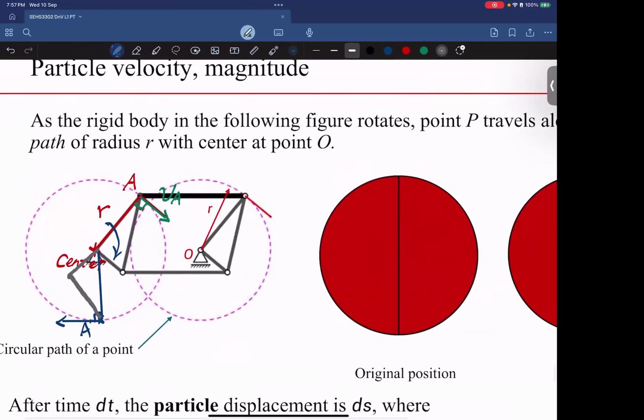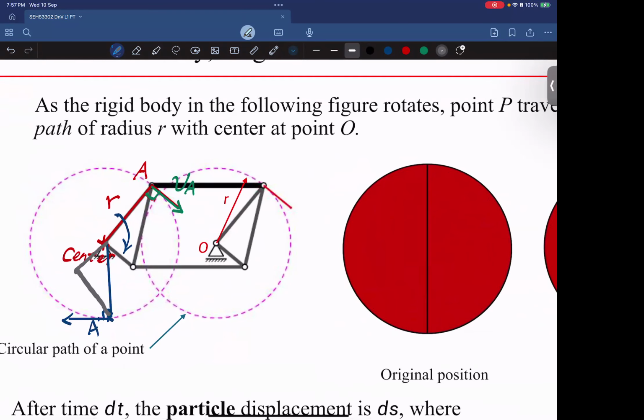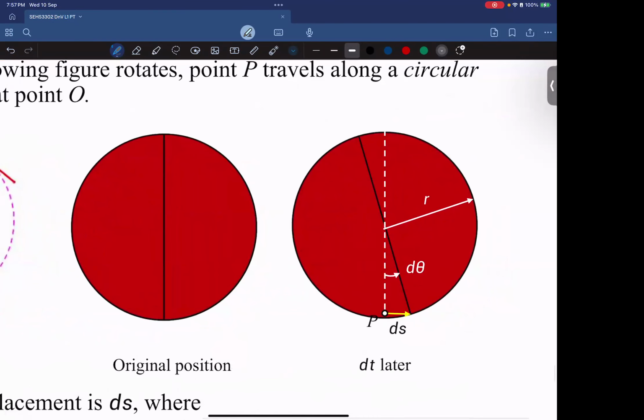Okay, this is the direction, but how about the magnitude? For the magnitude, it is also not hard. We assume a circular plate at its original position where the diameter is in the perpendicular direction.